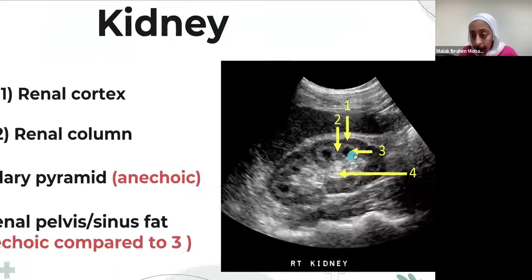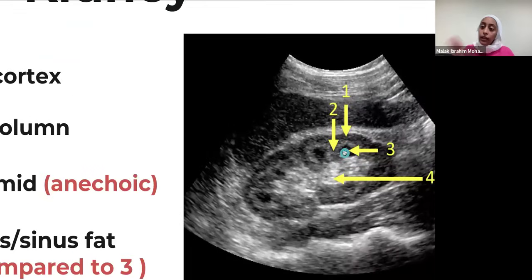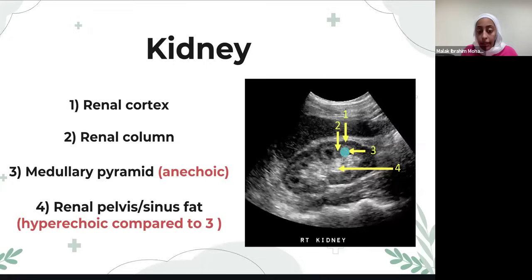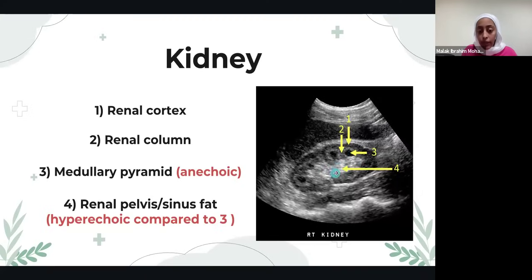Look at it, it looks completely black. And number 4 here is the renal pelvis or sinus fat. If they point to number 4, say both of them: renal pelvis / sinus fat. So again, 1 is the cortex, 2 is the column, 3 is the pyramid, and 4 is the renal pelvis or sinus fat.